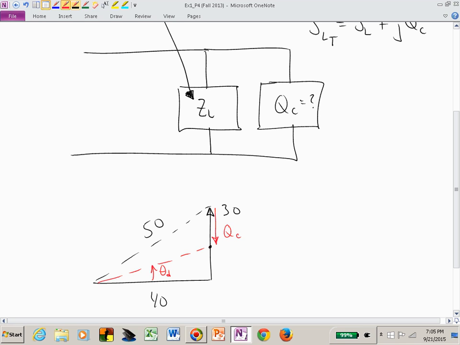Can we find this Q desired? We know 40, we know theta sub D, that's just a trig problem.